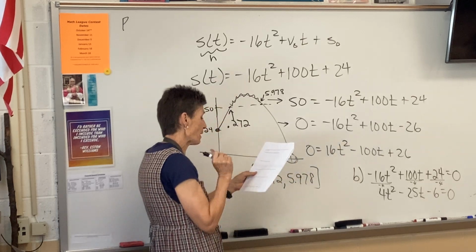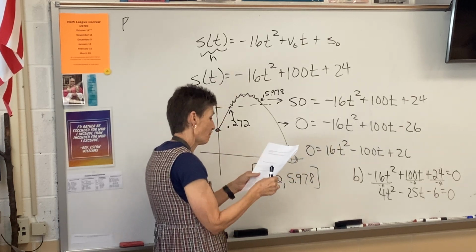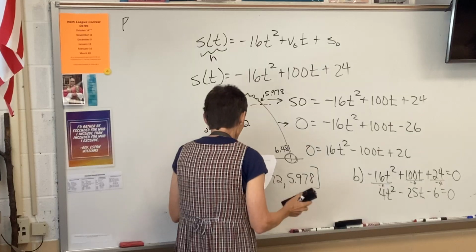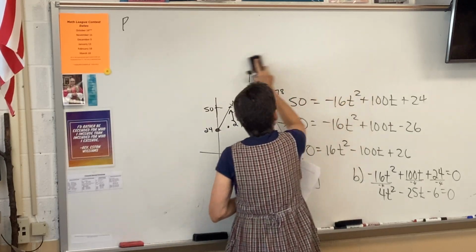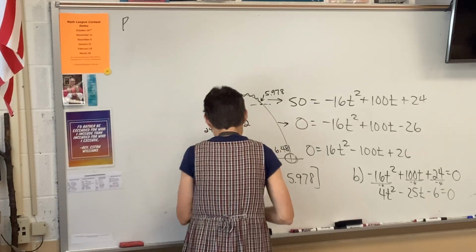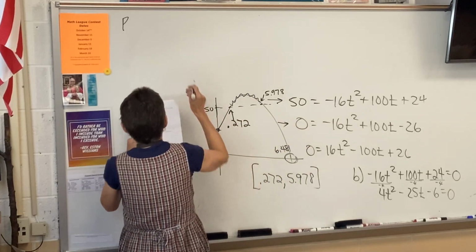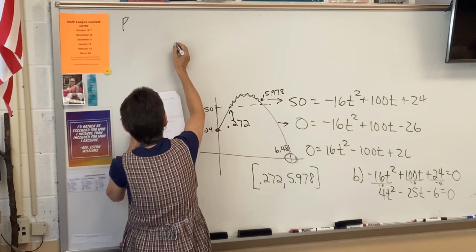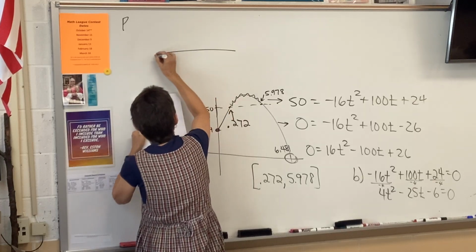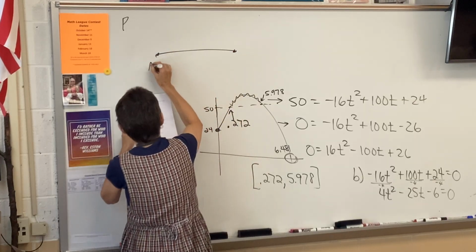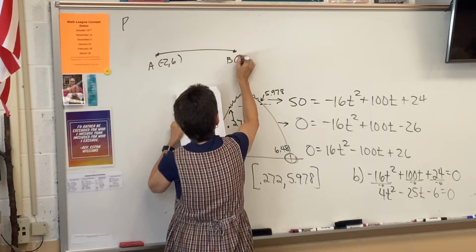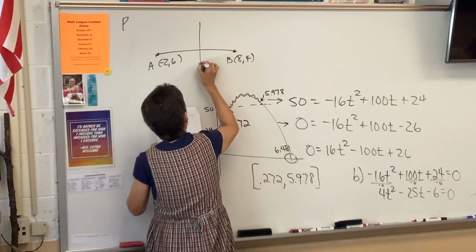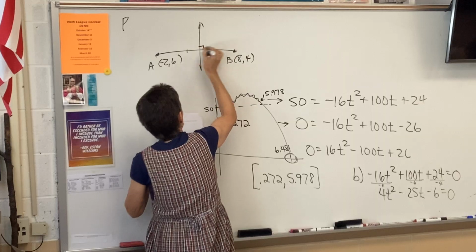Given this and this, write the equation of the perpendicular bisector of line AB. So, I want the perpendicular bisector. So here's A and B, and I want that guy right there, the perpendicular bisector.